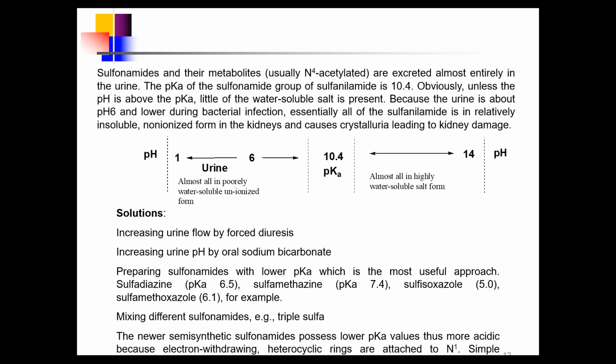So if you don't want this crystalluria, or the formation of crystals of sulfonamide drugs, to happen, then you need to use alkalizers and you need to maintain the pH in an alkaline state. So at what pH? Preferably 10.4. Okay, that is the pH at which it is desired that the urine pH is maintained, so that they give good antibacterial action.